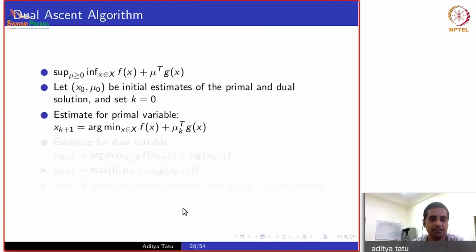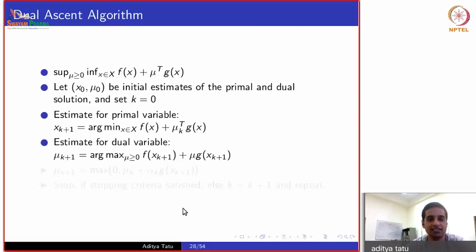Once you have obtained a better estimate for x, you plug that in and solve for mu. Now, this maximization is a maximization of a linear function, so in principle there is no maximum, but we can do a gradient ascent step instead of a gradient descent. You want to maximize this.